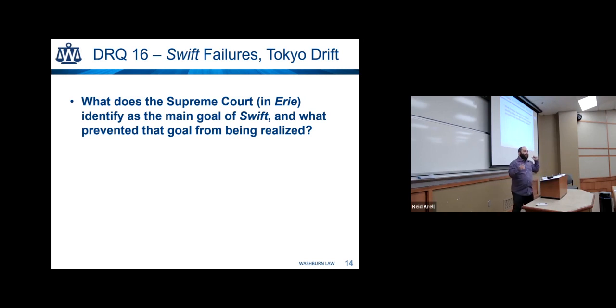So if your options are create the federal common law or use state common law, and creating the federal common law did not accomplish the goal that you wanted, what option is left? Guys, I've given you 2 options and I've told you one of them doesn't work. What's left? The other option. Exactly right.